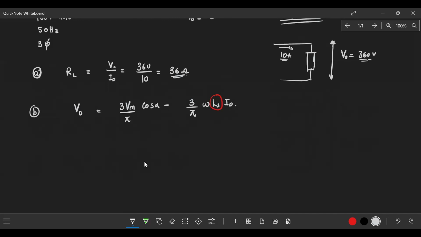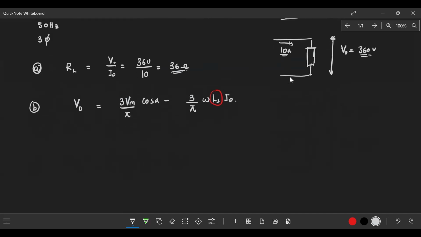10 minutes remaining. Let's hurry up. Now from this, let's substitute everything. VD is given to us at 360 volts. 3Vm will simply be root 2 times 400 divided by pi. Cosine alpha is given to us as 45 degrees. I'm going to use degrees instead of radians, but you can use radians if you want, just make sure you get the calculator in radian mode.